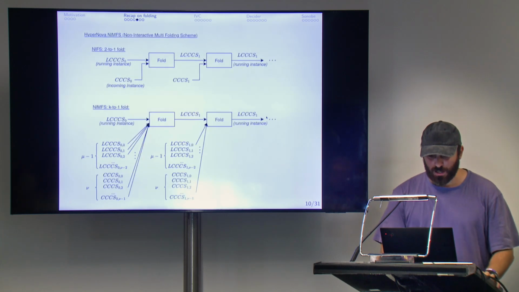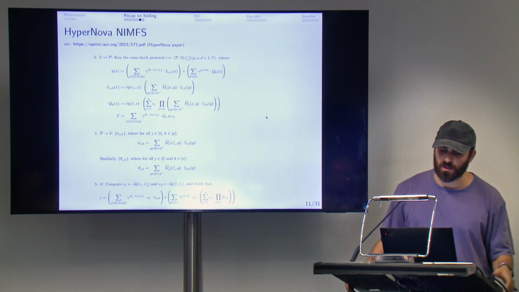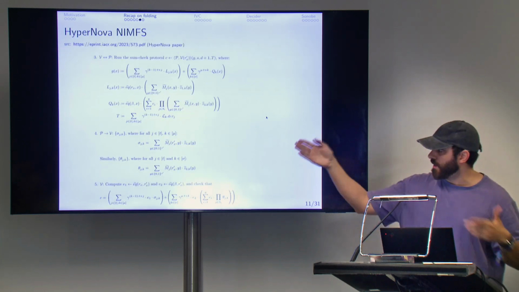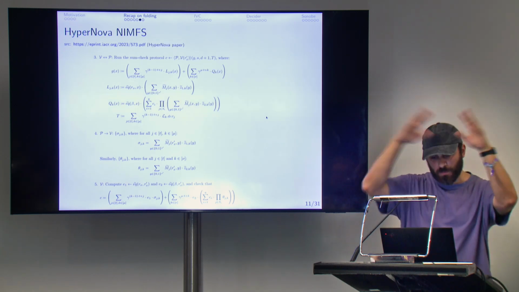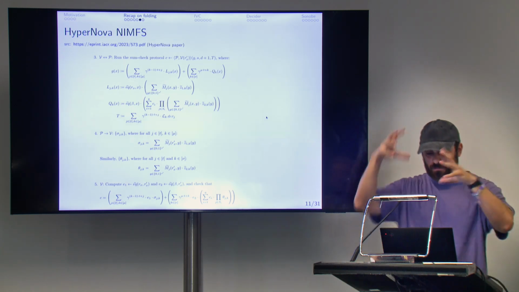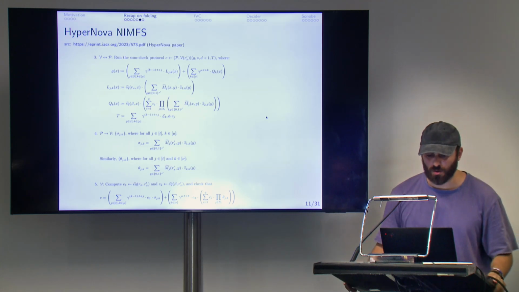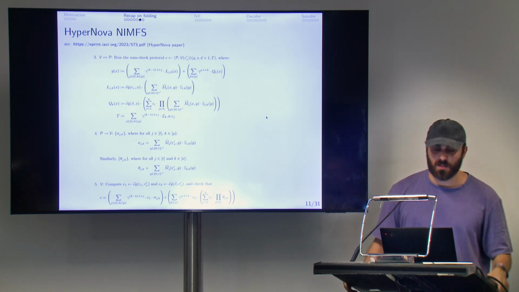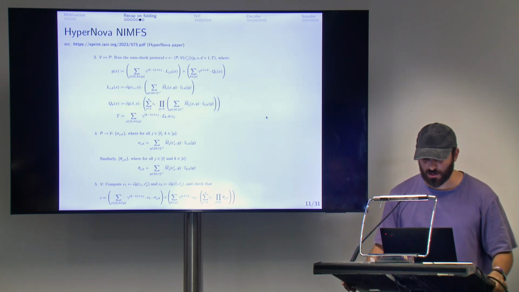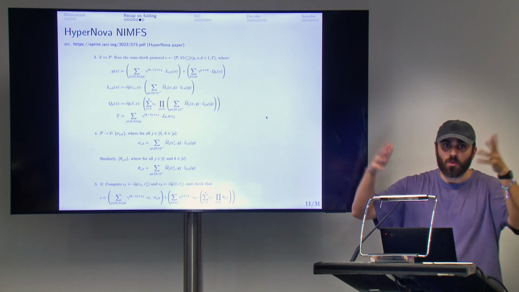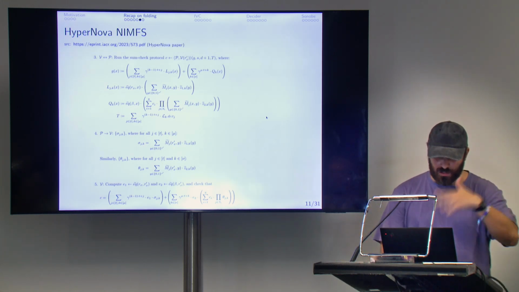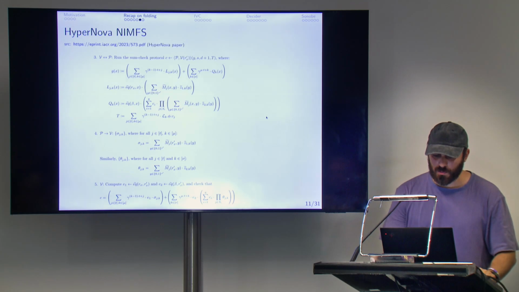In HyperNova, we use different tricks. We also use random linear combinations, but we also use sumcheck to provide better consistency on some things, which, using the multilinear setting, allows us to have this multi-folding, where we can fold multiple instances per step.